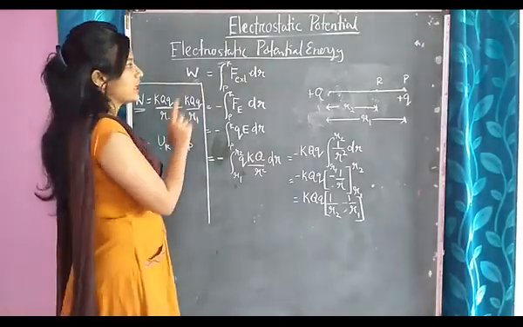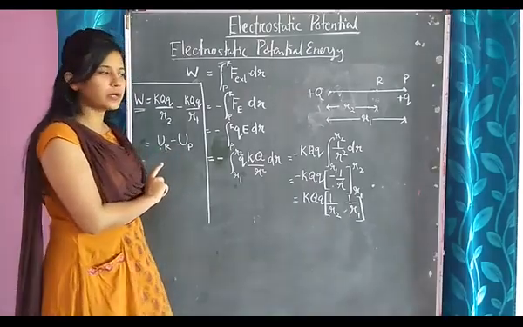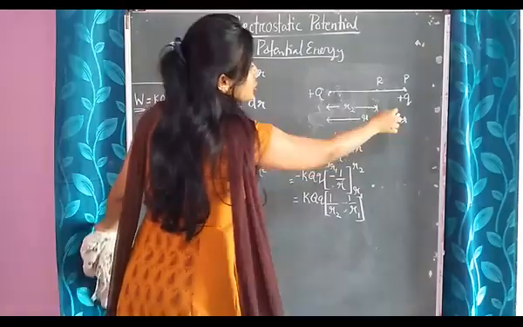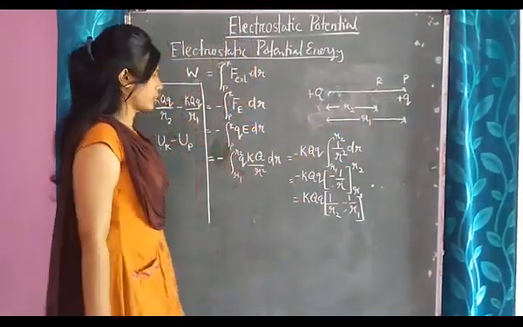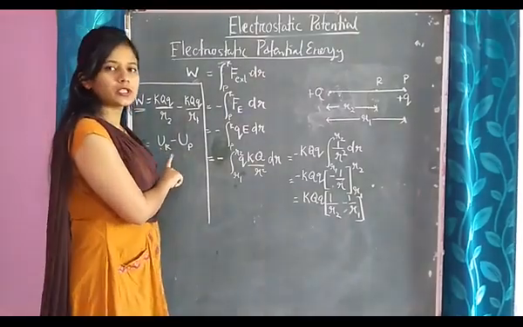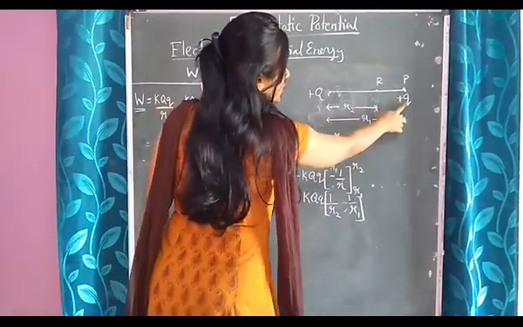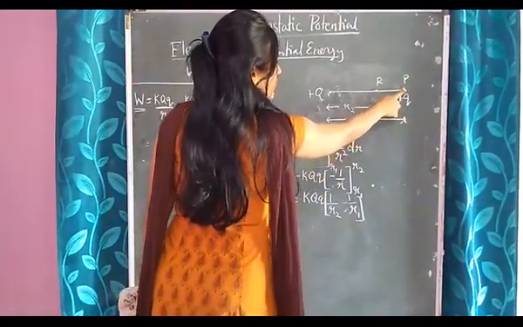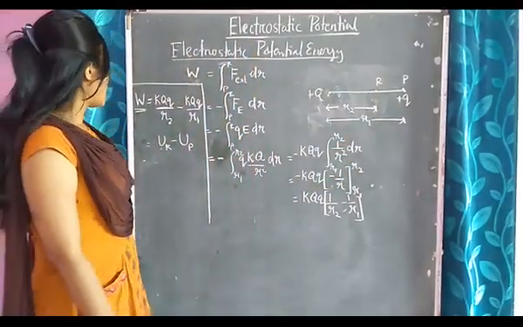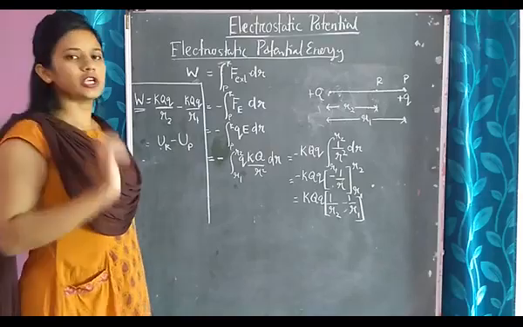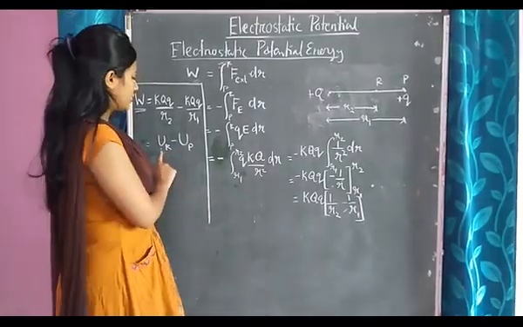The potential energy difference is equal to the work done in bringing a charge particle from one point to another point. So electrostatic potential energy is defined as the work done in bringing a charge particle from one point to another point. Now I will discuss about potential energy. First I had written for potential energy difference.